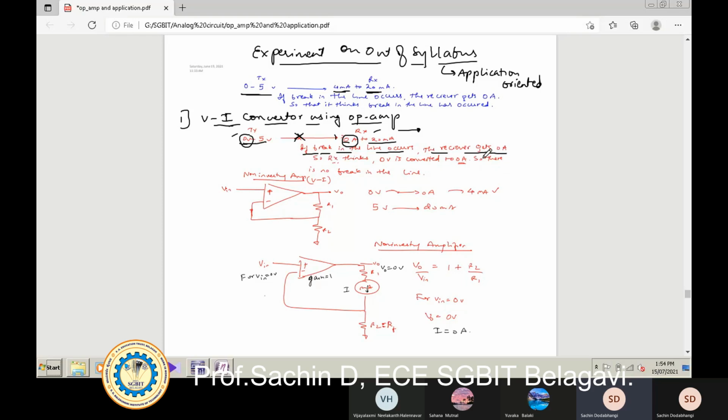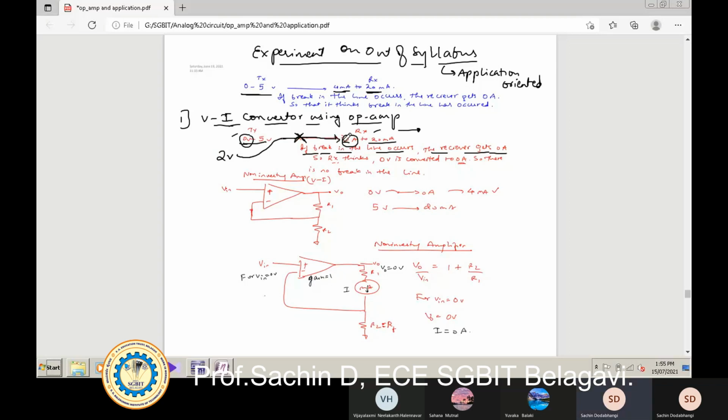In that case, what will the receiver think? He thinks that the transmitter is sending 0 volt, that's why I am receiving 0 ampere. The receiver will not come to know that there is a line breakage, because anyhow he is getting 0 ampere. Suppose the transmitter is sending 2 volt to this communication line, and there is a cut in the wire.